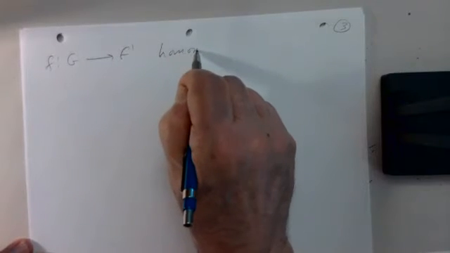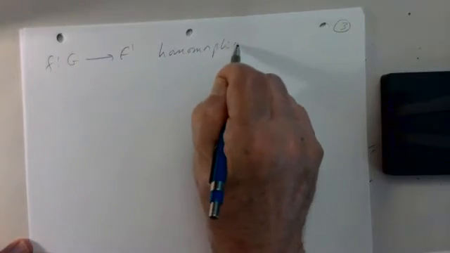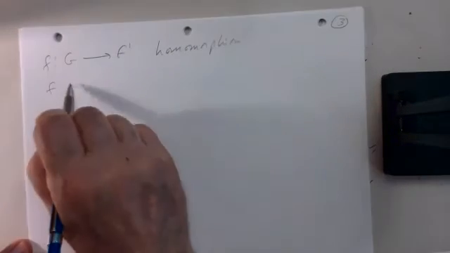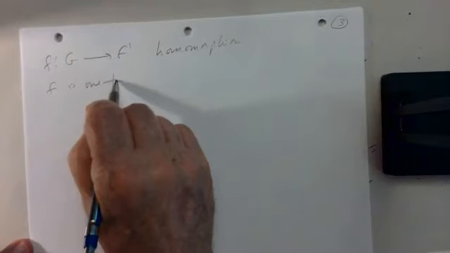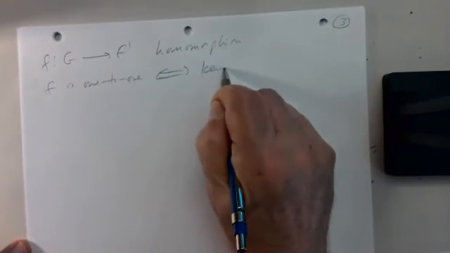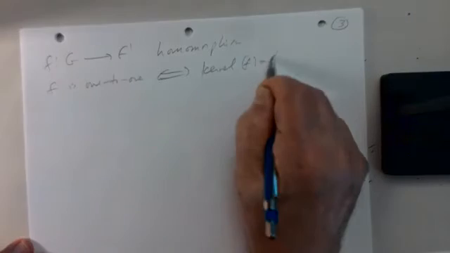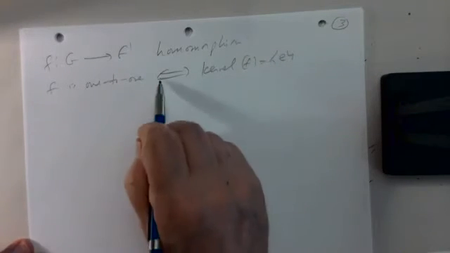Okay, so suppose we have F from G to G prime, a homomorphism. There's a simple fact that F is 1-to-1 if and only if the kernel of F consists just of the identity.